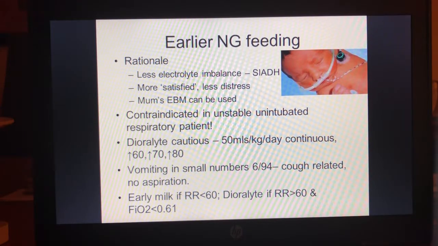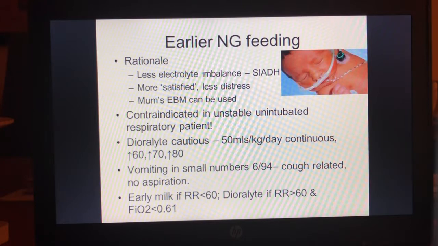So we persevered and we continued with using initially diarrhea, and we decided that we would be happy to use milk if the respiratory rate was less than 60, and to consider diarrhea if the respiratory rate was more than 60, and if the oxygen requirements were more than 60%.